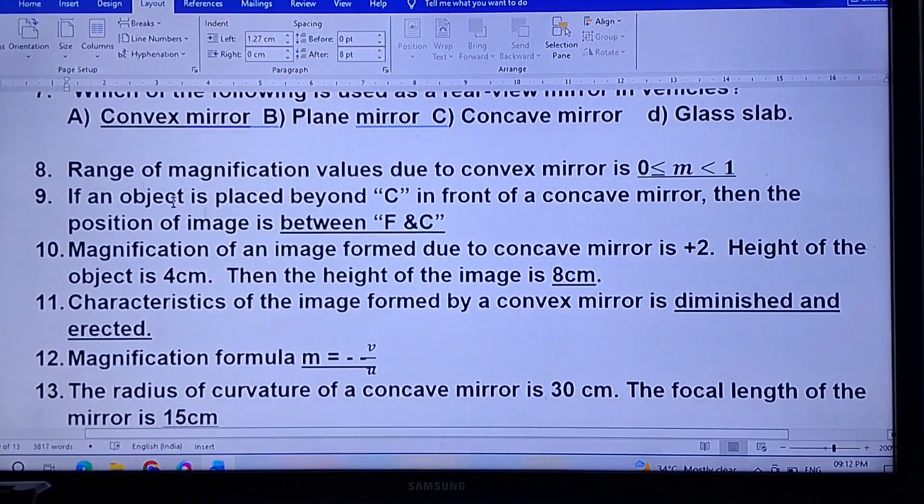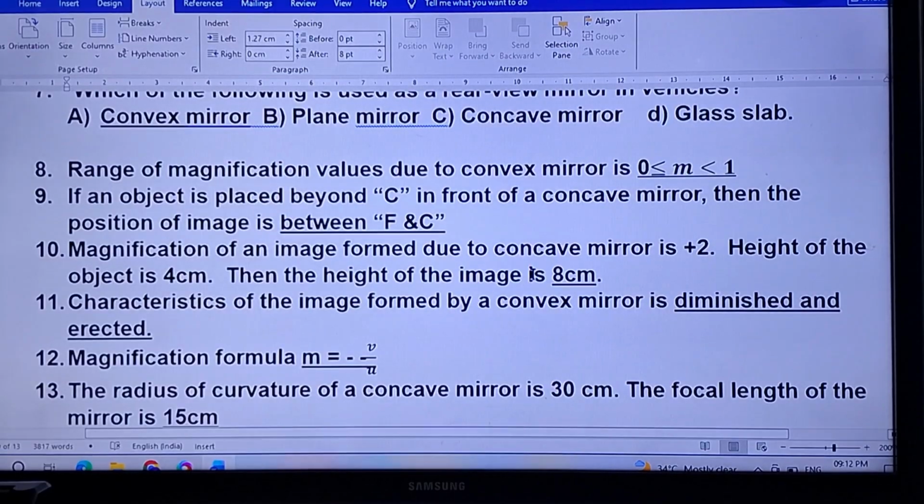If an object is placed beyond C in front of a concave mirror, then the position of the image is definitely between F and C. The magnification of an image formed by a concave mirror is +2. The height of the object is 4 centimeters. Then what is the height of the image?